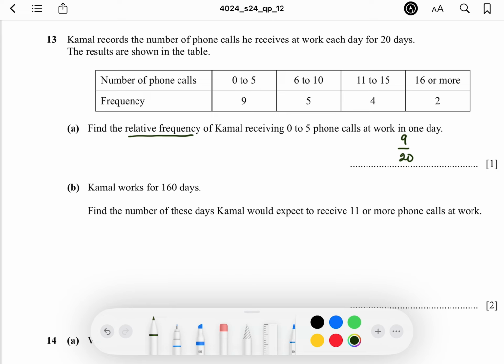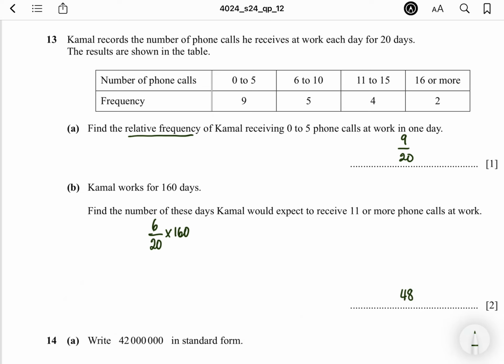Is it 4 or 6? 6, because 16 or more is in the category of more. So relative to the whole thing, the original data is 6 out of 20 where Kamal would receive 11 or more. But the question wants 160 days, so you just find out of 160 days, how many is that? Equals 40.